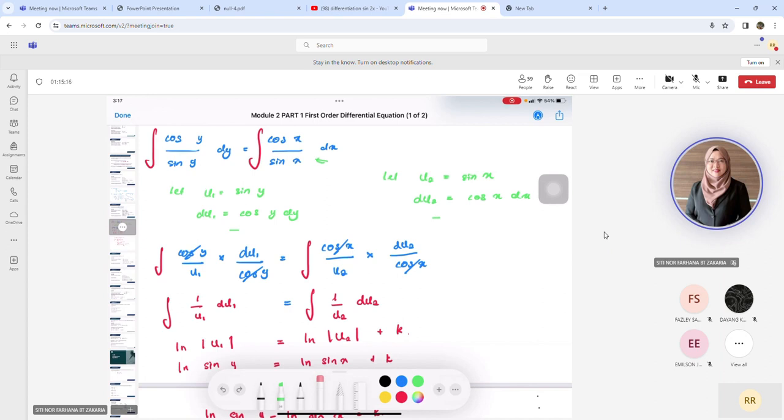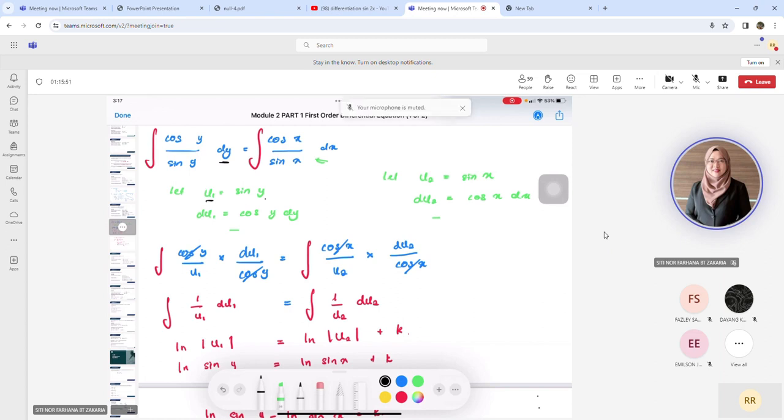If I replace sin y with u1, I also need to replace dy because the variable is not y anymore. The variable is u, right? Because I replaced sin y with u. So this one cannot stay as dy. It must be written in du.